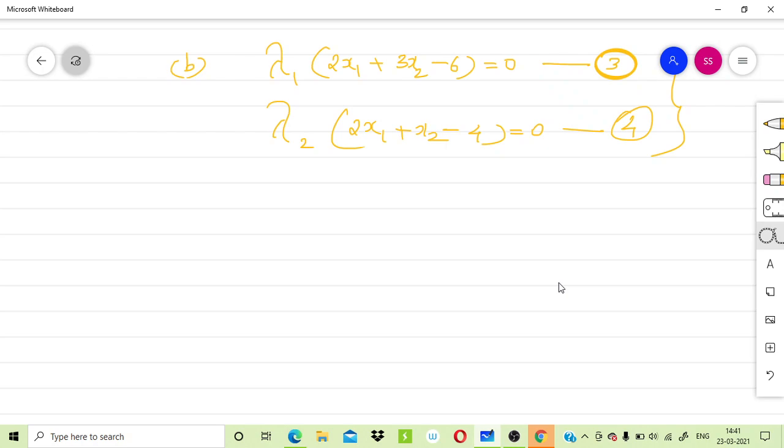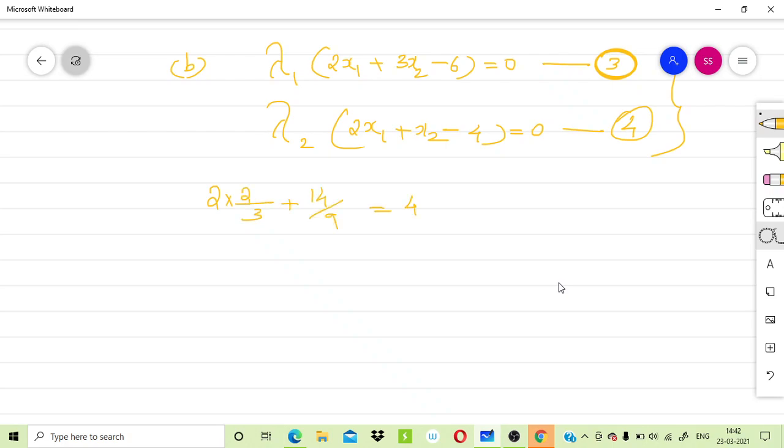If you substitute, then you will get 2 into the second constraint, that is 2 into 2 by 3 plus 14 by 9.